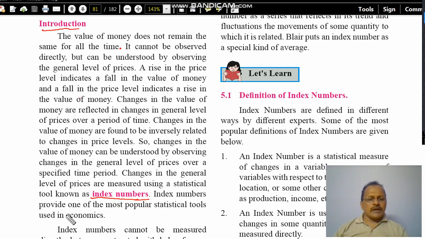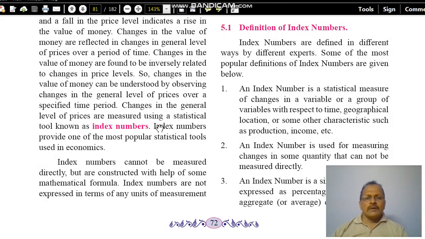Index numbers provide one of the most popular statistical tools used in economics. One thing we must note is that index numbers cannot be measured directly, but we are going to construct them with the help of a mathematical formula.